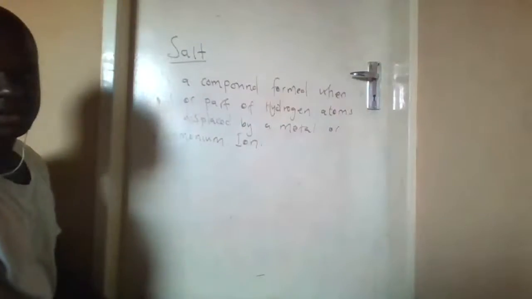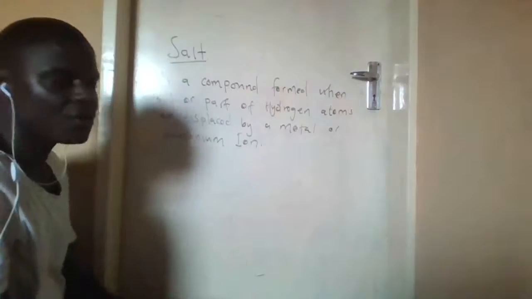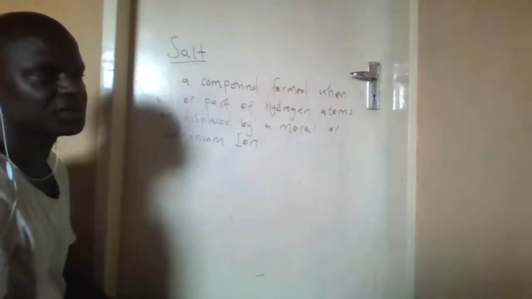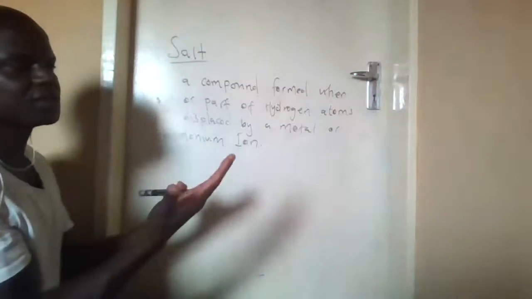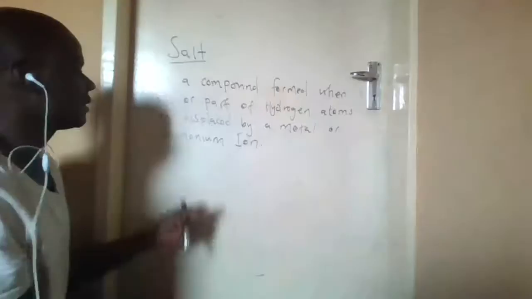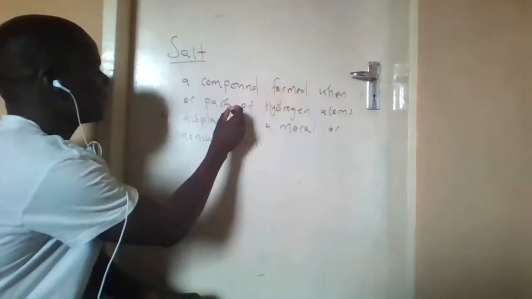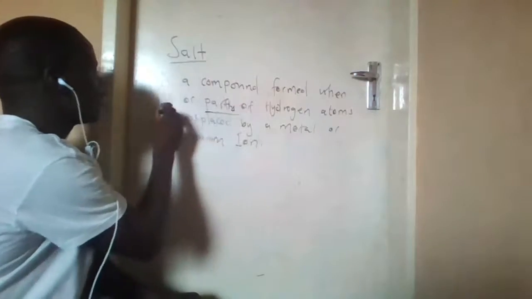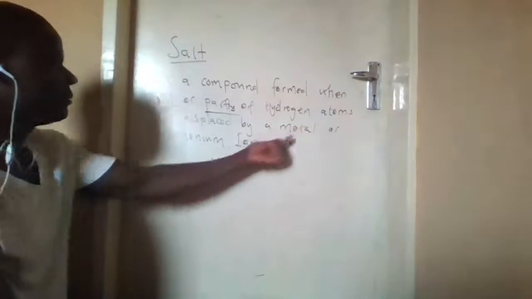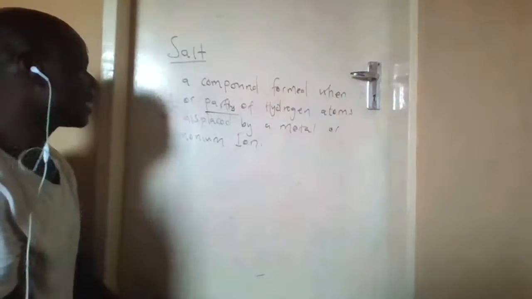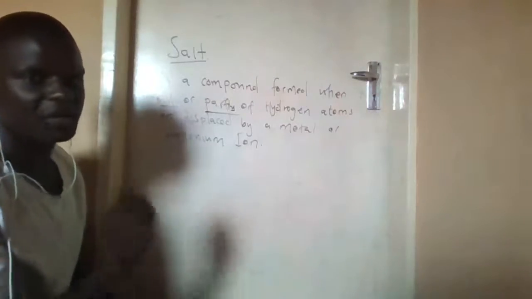This is just a compound that is formed when part or all of the hydrogen atoms that are found in the molecule of an acid have been displaced. But now there are two things involved here. It's either the hydrogens are partly displaced or all of them are displaced, or replaced, by a metal or ammonium ion, not ammonia, but ammonium.